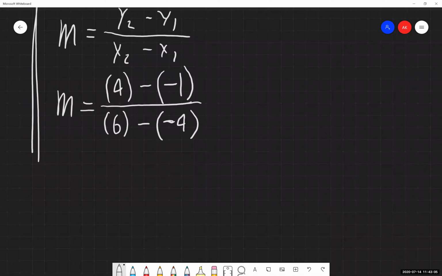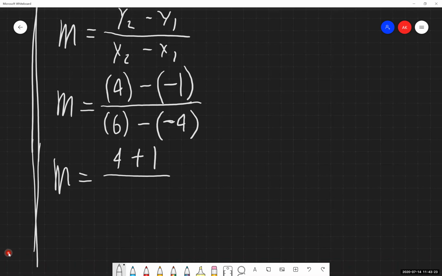And then from here, now I'm simplifying the numerator, and then I'm simplifying the denominator. So in my numerator, I have 4 minus -1. I've got double signs in there. I don't like that. I'm going to change that before I do anything else. So that's going to become 4 plus 1. Same thing with the denominator. I have 6 minus -4.